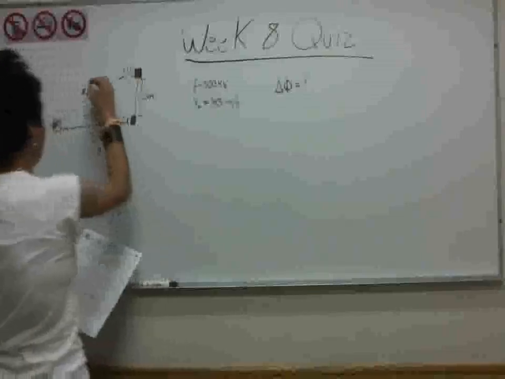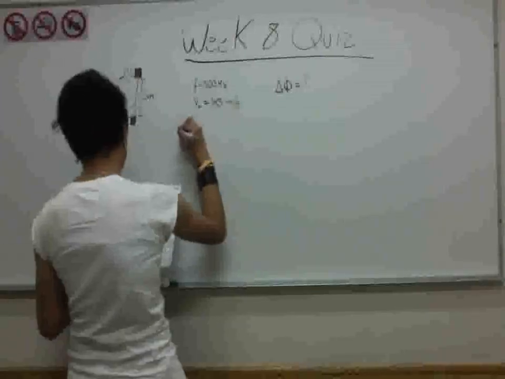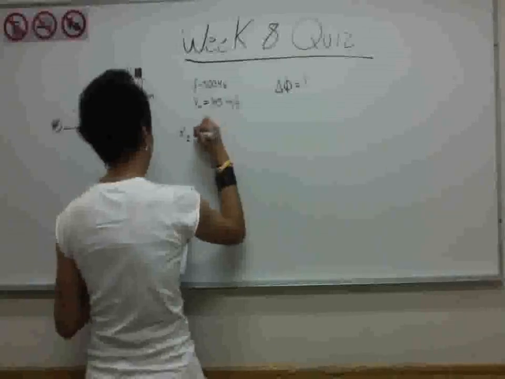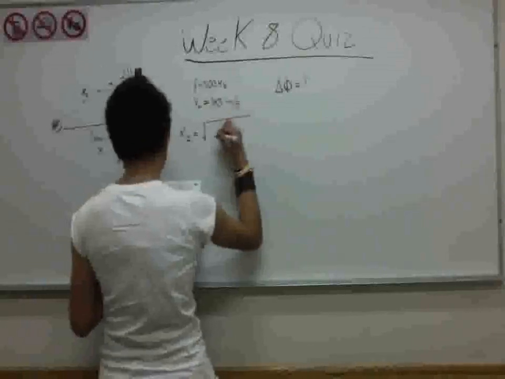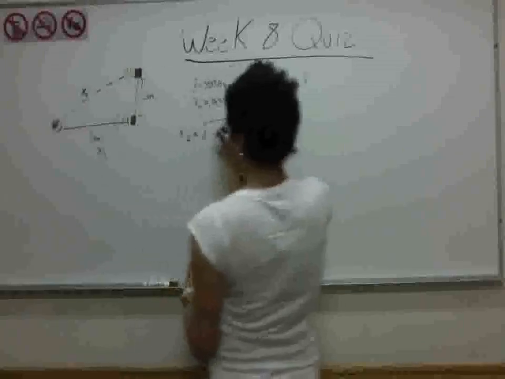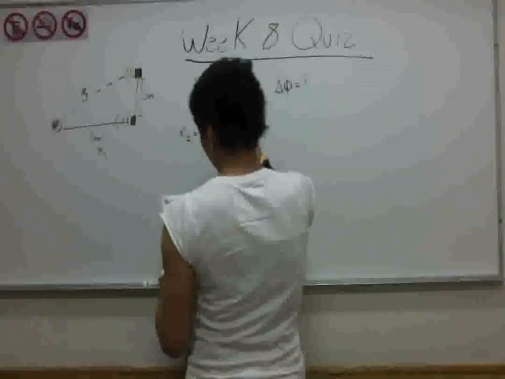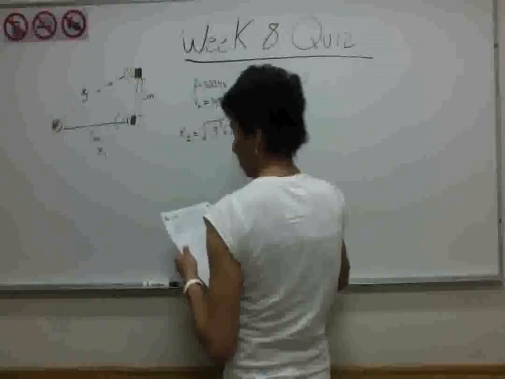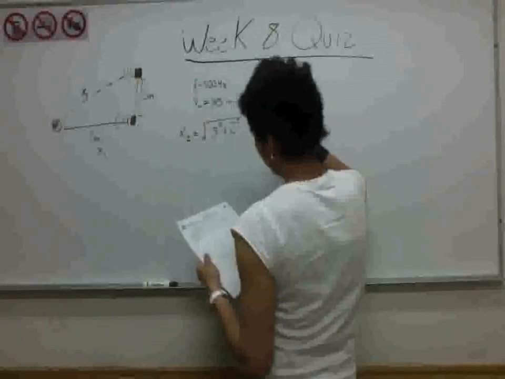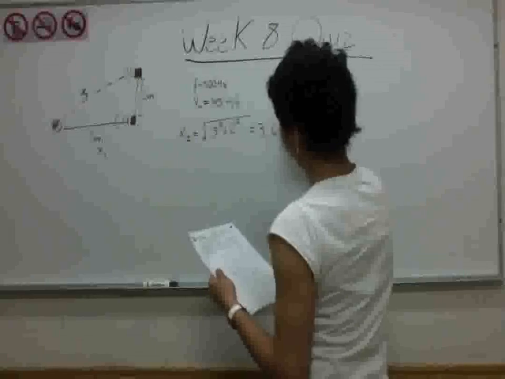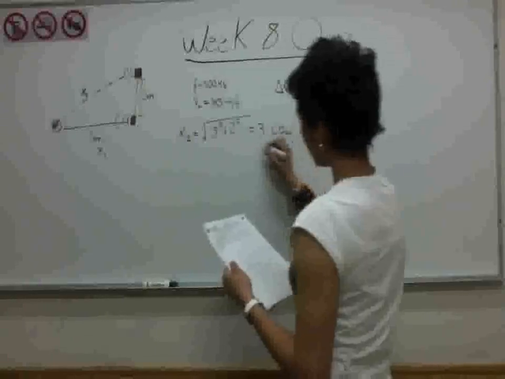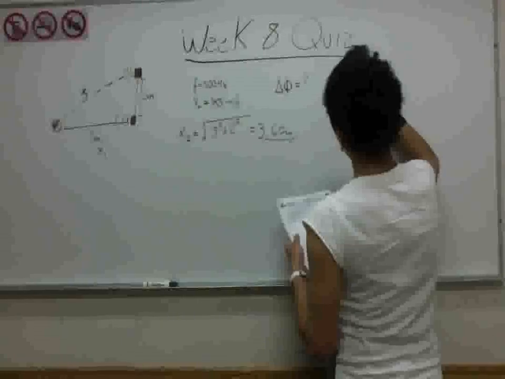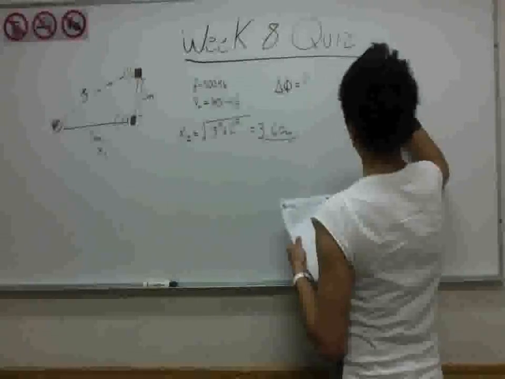So we have to get this, and for this we know from the Pythagorean theorem that X2 is equal to the square root of 3 squared plus 2 squared, and this is equal to 3.60 meters.